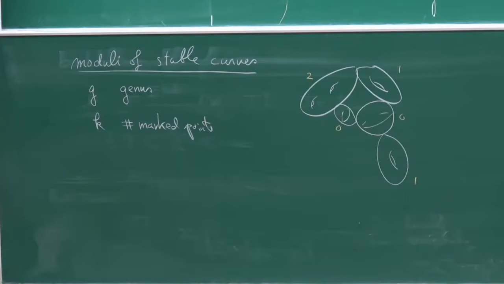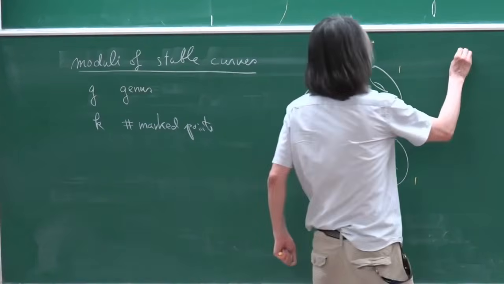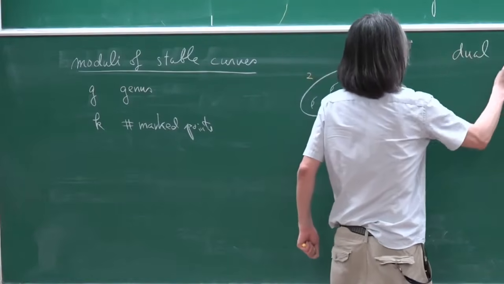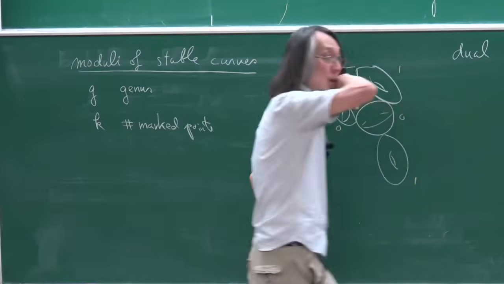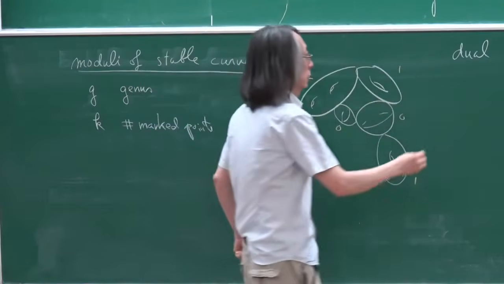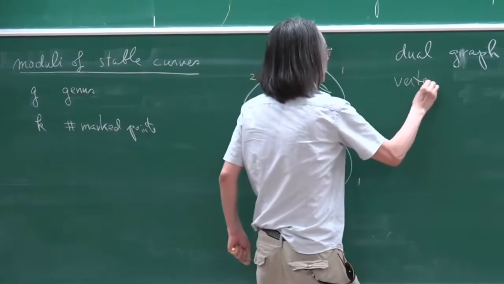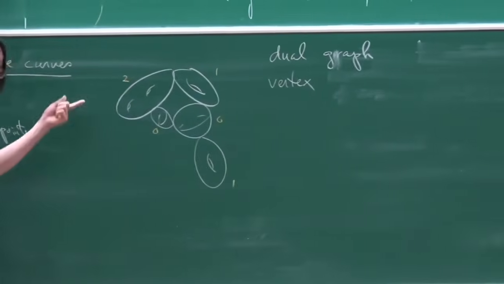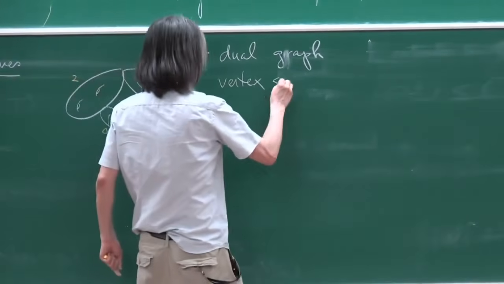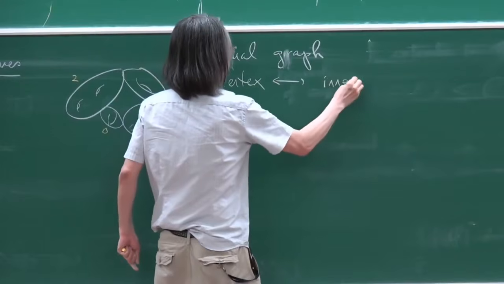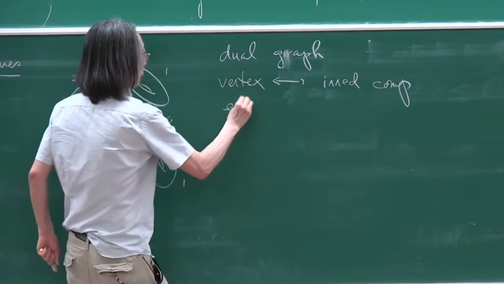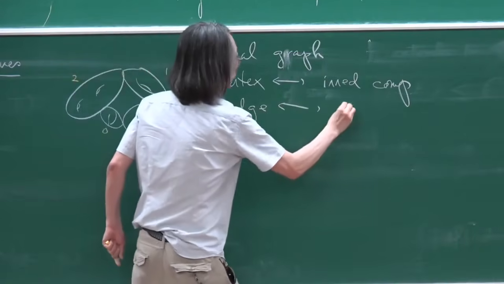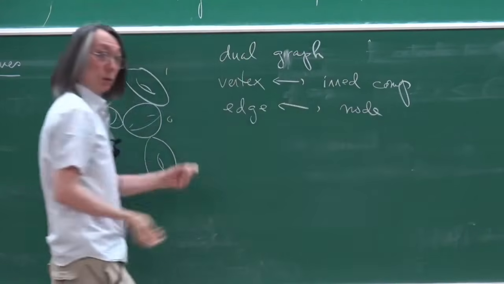But also we can talk about the dual graph. Namely, the vertex of its dual graph is an irreducible component. An edge corresponds to the node joining two.